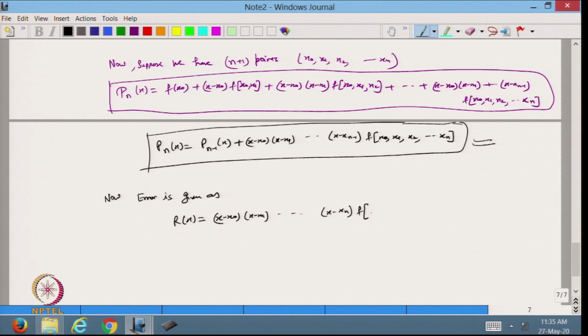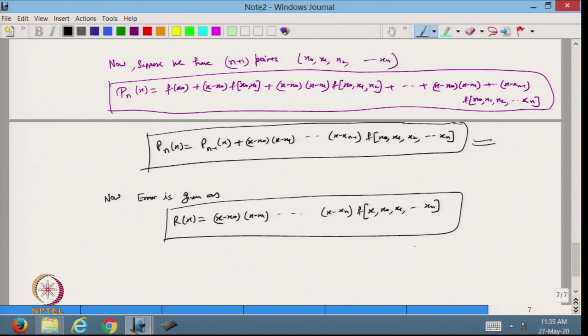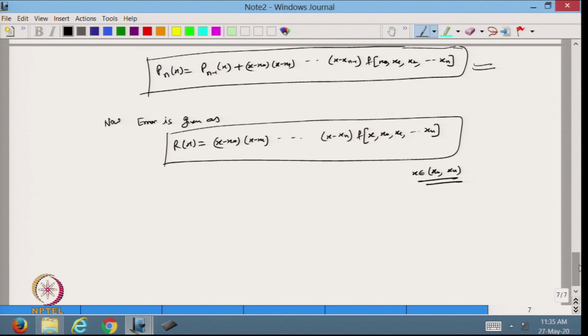So, this is the divided difference, where I choose any x and x naught, x1 up to xn. That is my error, where x belongs to the interval x0 to xn. So, in this case I choose any x in between and then I write the divided difference, multiply with this factor. That will be the error we can find when we apply the Newton divided difference formula.